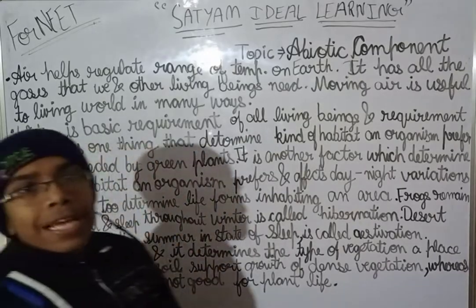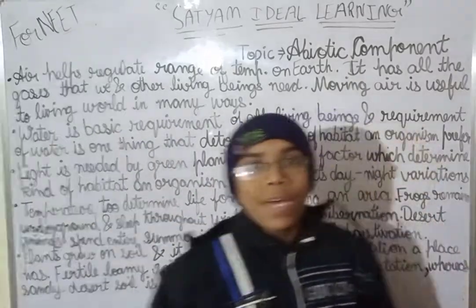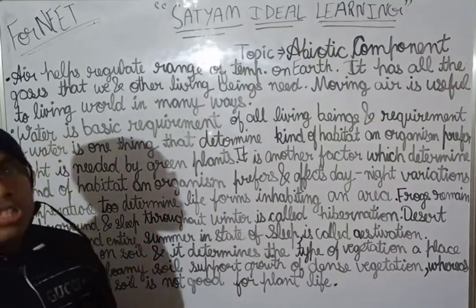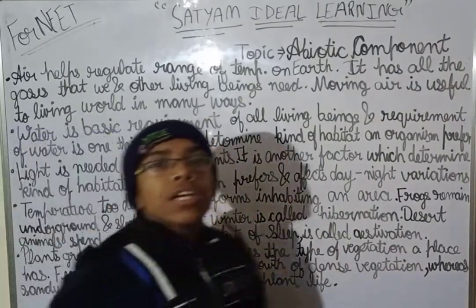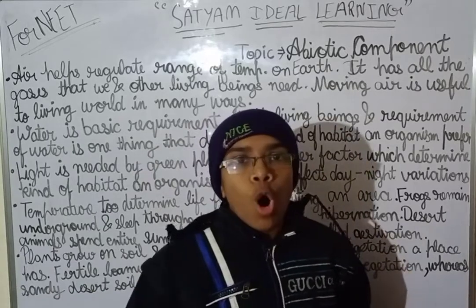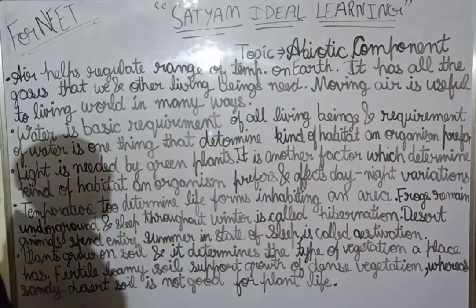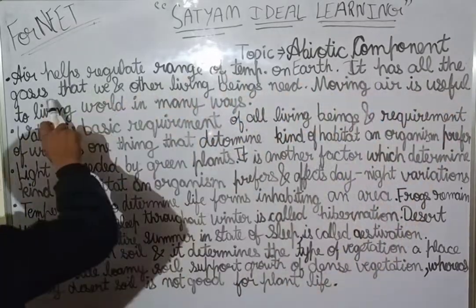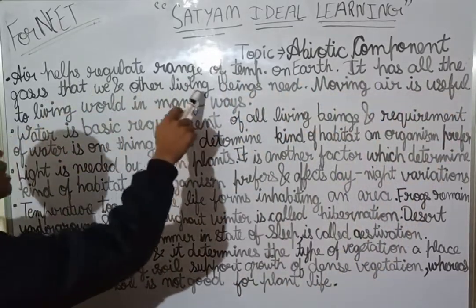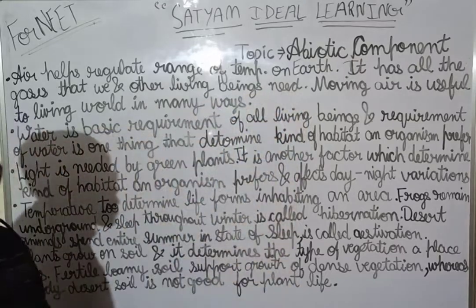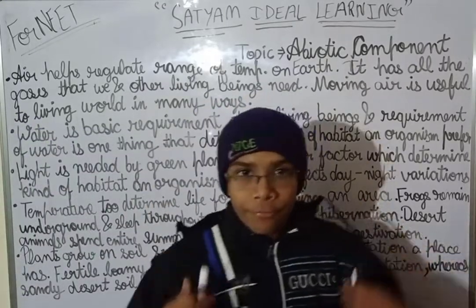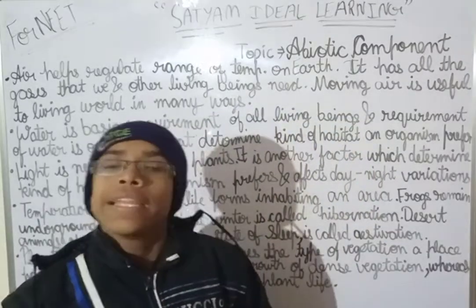So it helps in protecting the earth from ultraviolet radiation also, so that the earth does not become so hot in the daytime. Now, it has all the gases that we and other living beings need.